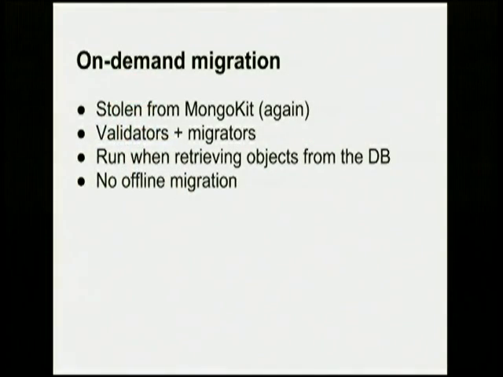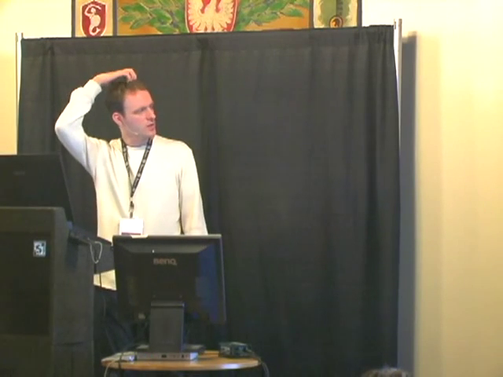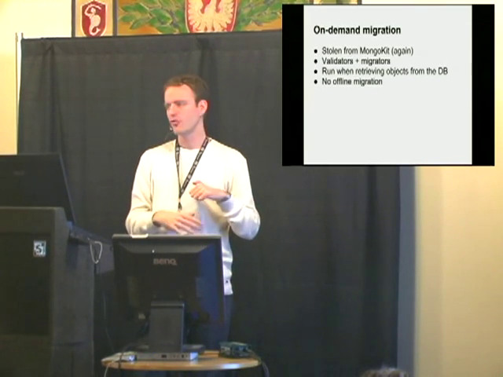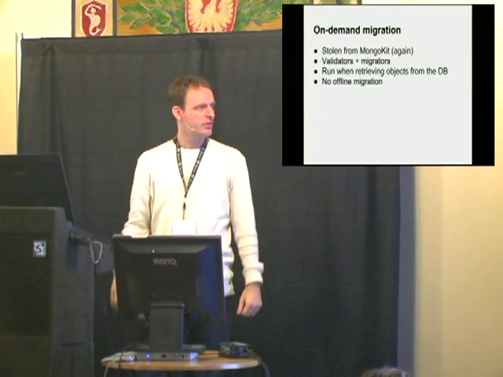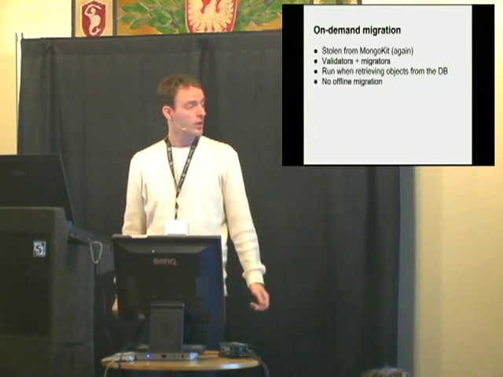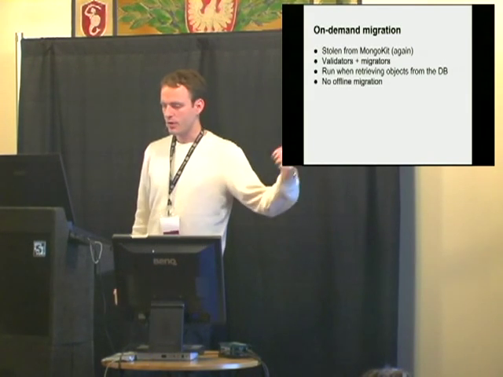Again, we stole more stuff from MongoKit because MongoKit works pretty well. So we stole migration from it too, because when you want to make your schema evolve, since the whole notion of a schema is not really in the database itself, you need to run on-demand migration. So it's defined in the same way as in MongoKit.